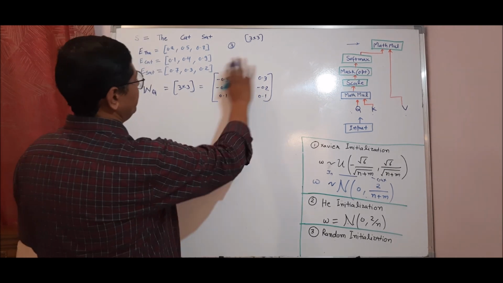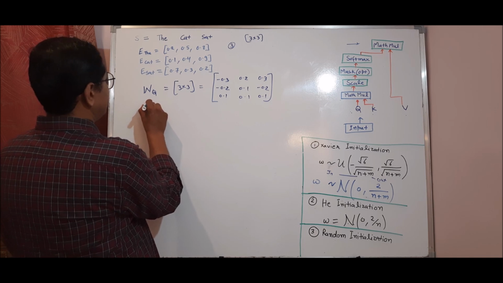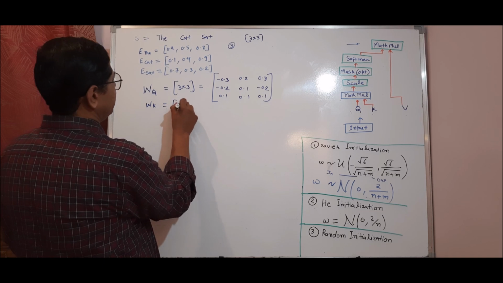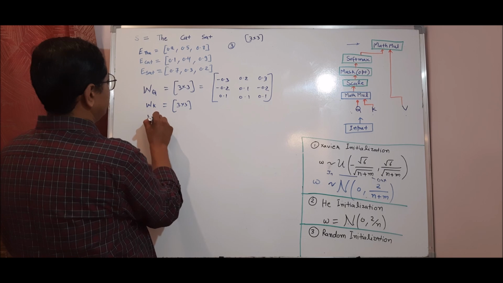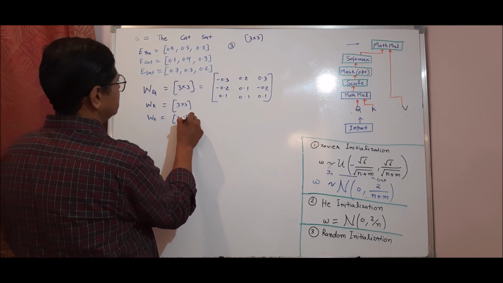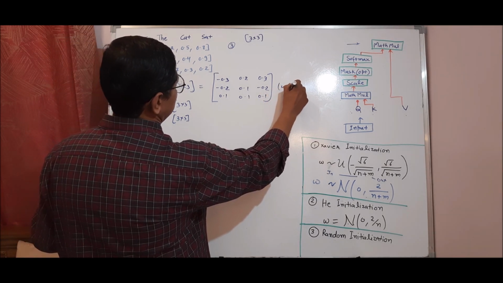Similarly, we will take a random weight matrix for key, that will again be a 3 by 3 matrix, and for value, that will again be a 3 by 3 matrix. So these are the weight matrices.